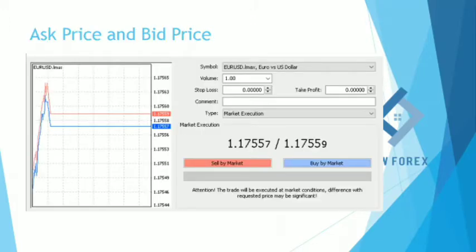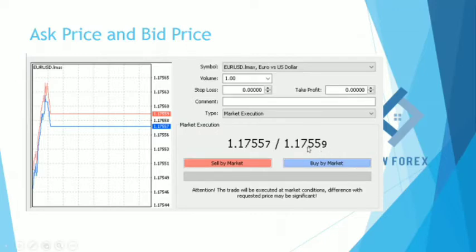Okay, so looking at this graphical representation, this is Euro USD on the MT4 platform, and we're going to discuss what platforms are in chapter 4. So we can see here the bid price and the ask price. The highest price on it is the price that you're going to buy at.